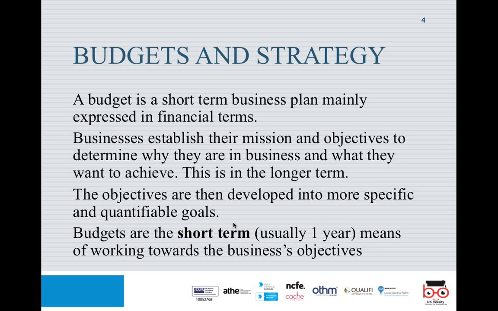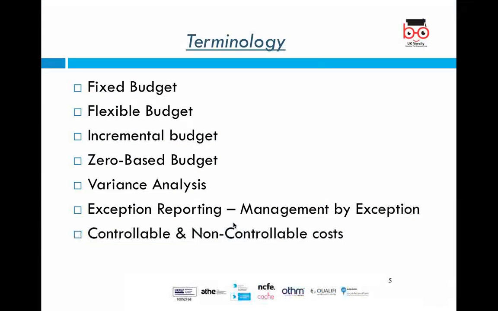Objectives are the goals and what they want to achieve, whether it is profit maximization or wealth maximization. That objective is longer term, and the objectives are then developed into more specific, quantifiable goals. I think we covered the short-term and long-term objectives of a business in relation to a cash budget, and budget is definitely important in working towards the business objectives, goals and strategy.